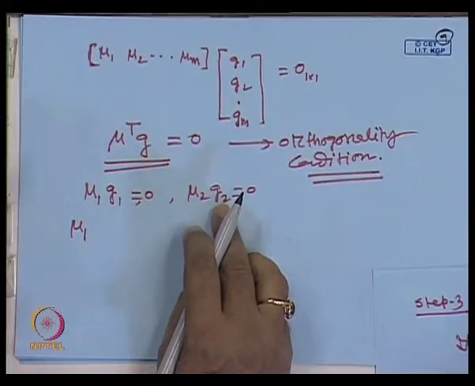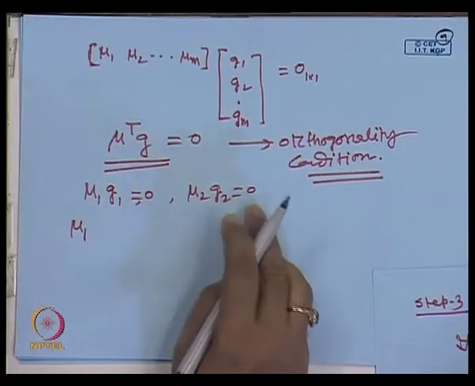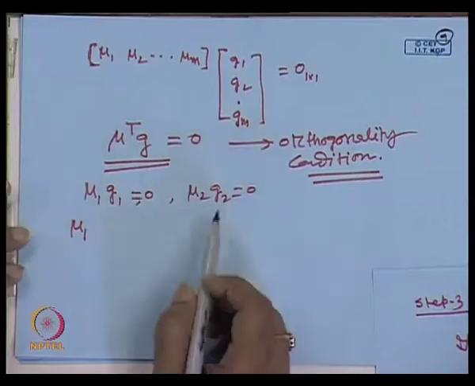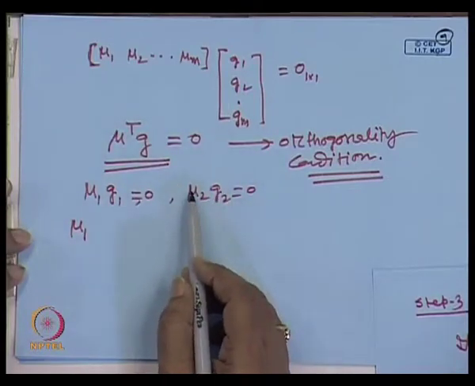When g2 is not 0, it indicates it is an inactive condition, meaning g2 of x is less than 0, and maybe g2 is 0 when mu2 is not 0.